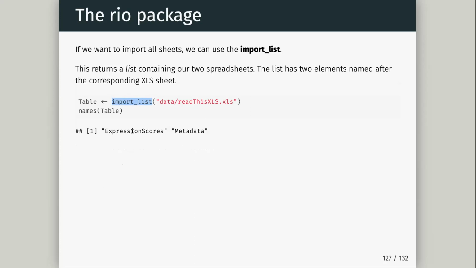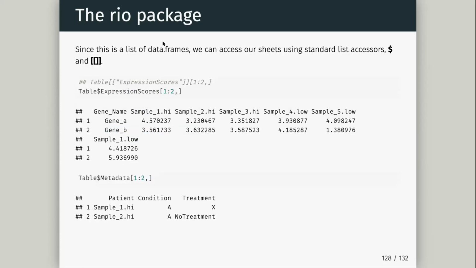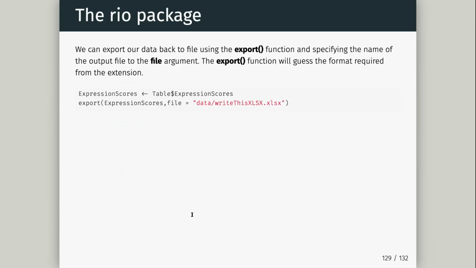And in this case, I've got one sheet which was expression scores and a second sheet which was metadata. Because this is a list, we can use our friendly list accessors, dollar or the double square brackets. So here I'm going to do table dollar expression scores, and I can get just the expression scores data frame. Similarly dollar metadata, and I can just get the metadata.